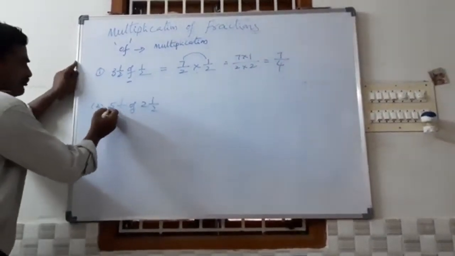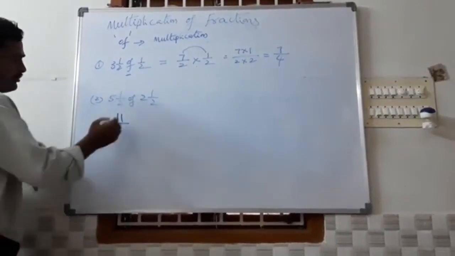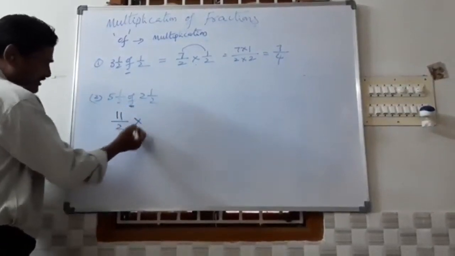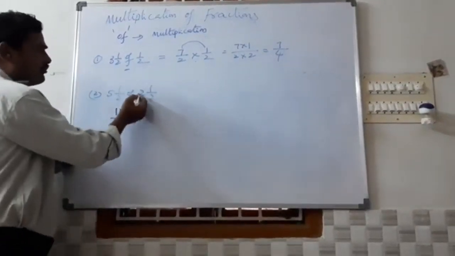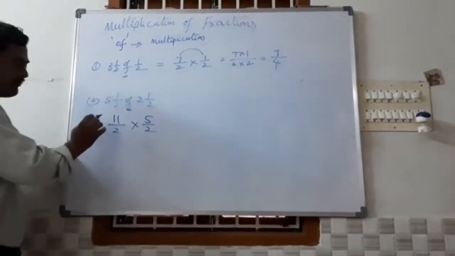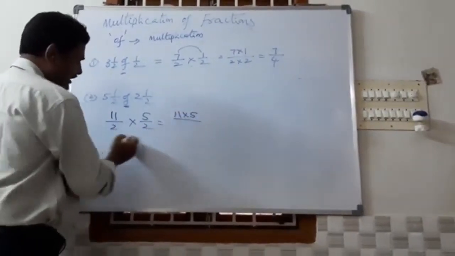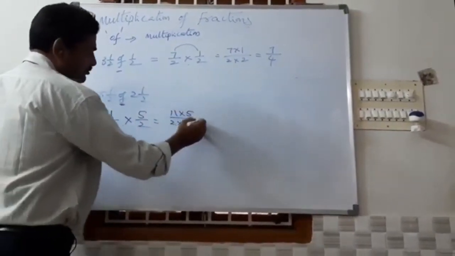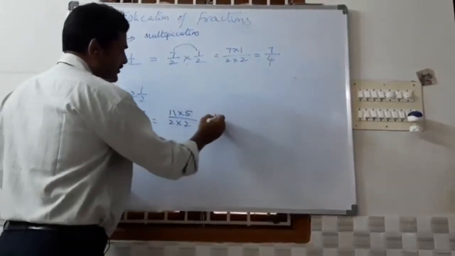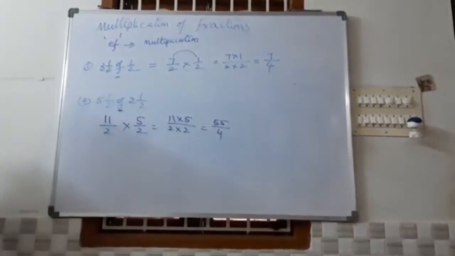That means 2 5s are 10, 10 plus 1, 11 by 2. "Of" stands for multiplication. 2 2s are 4, 4 plus 1, 5 by 2. Now what are the numerators? 11 into 5 by 2 into 2. That equals 11 5s are 55 by 4. Like this we can multiply.